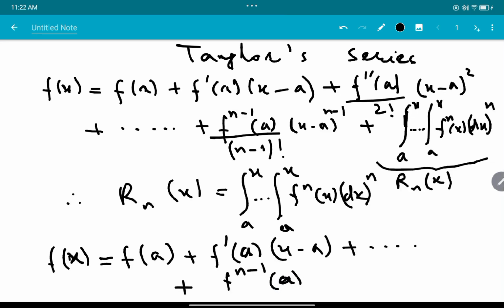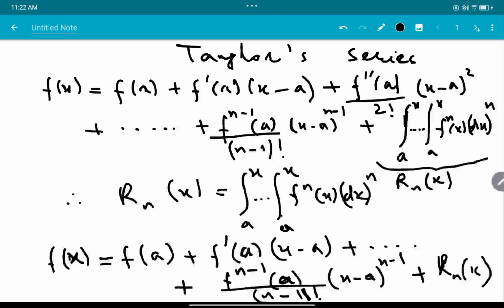All derivatives are to be evaluated at the point a. This then is another form of the Taylor series.